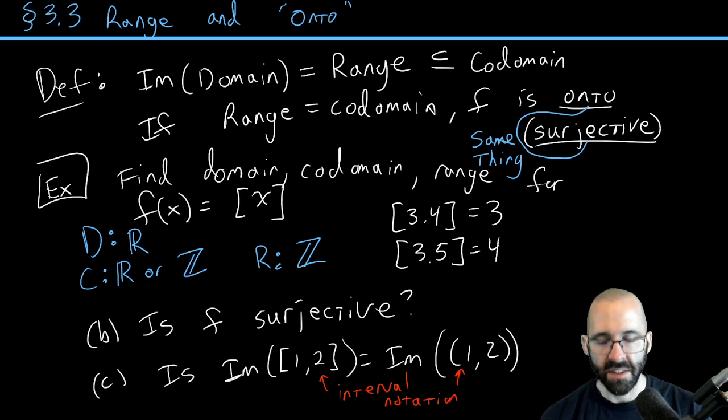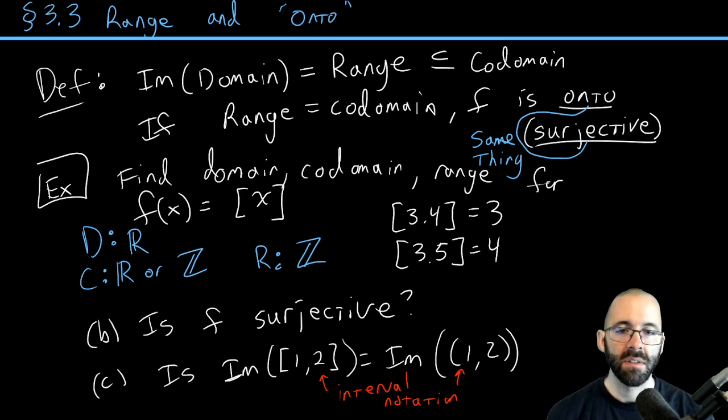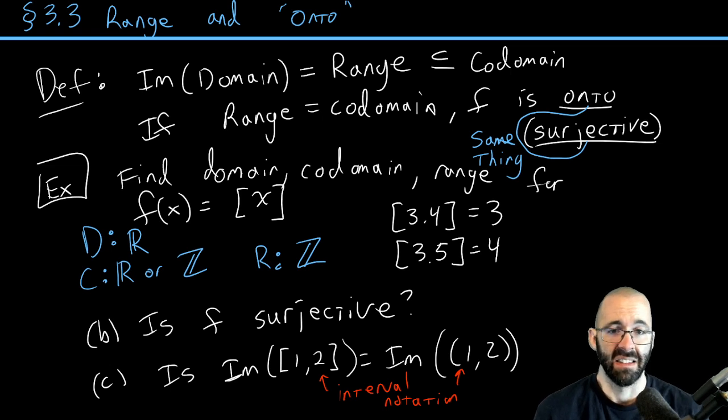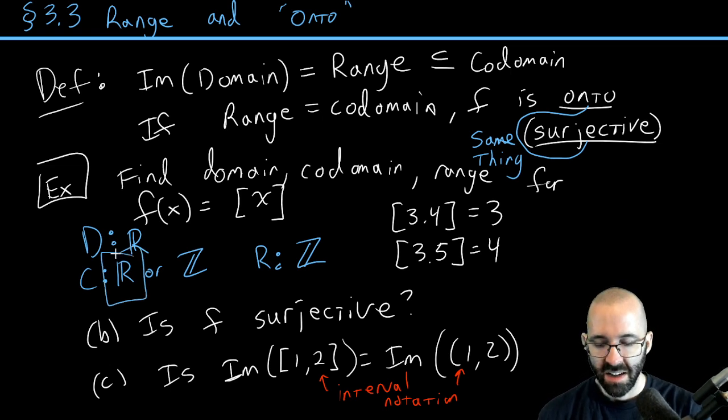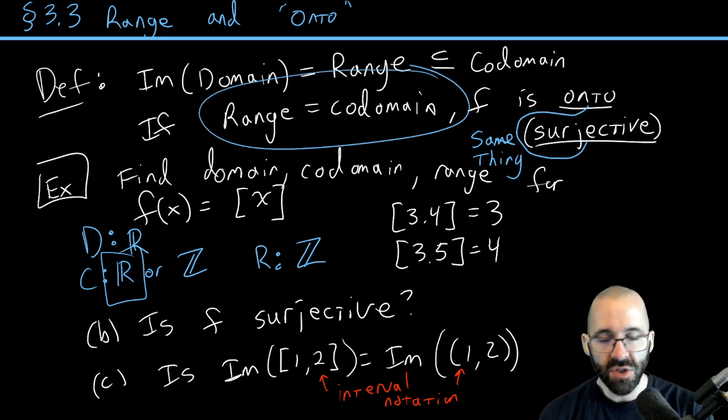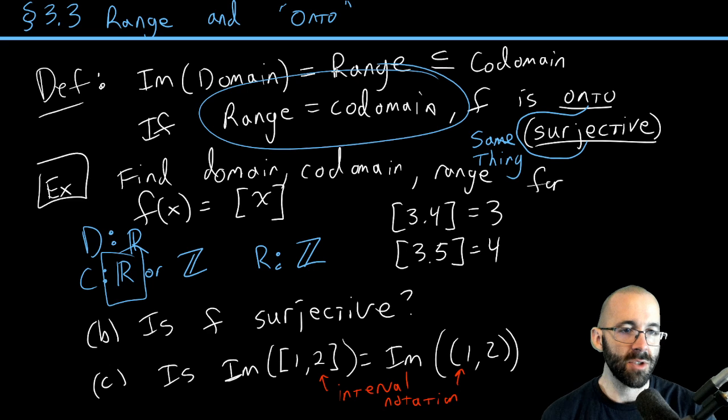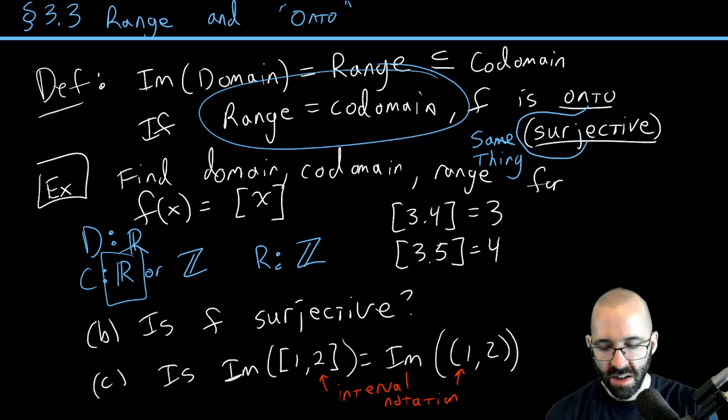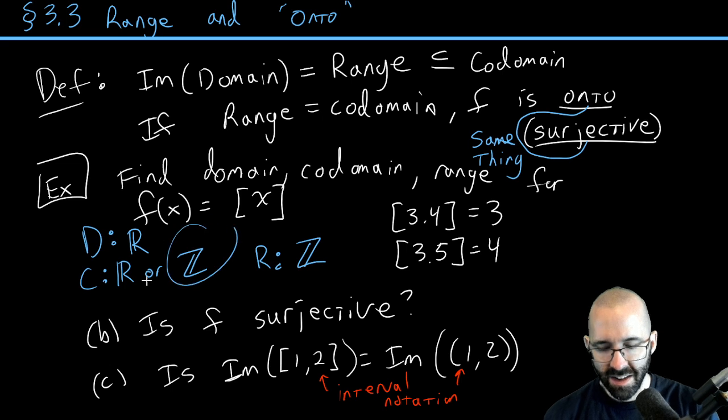So is f surjective? Is it onto? And the answer is it depends. It depends on our codomain. Remember, surjective means if the range is the same thing as the codomain, then it's surjective. It's onto. Well, if this is the codomain, it's not surjective. If this is the codomain, it is surjective. So it kind of depends on your answer.